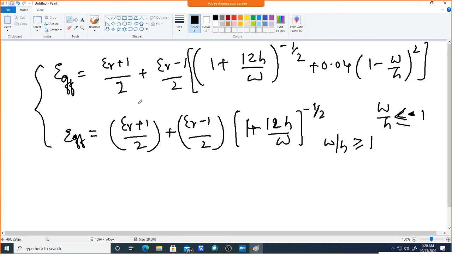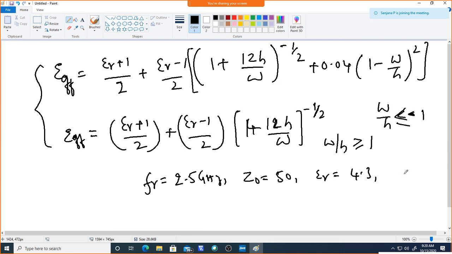Here fr is equal to 2.5 gigahertz, Z0 is equal to 50 ohm, epsilon r is equal to 4.3, and similarly we can use tan delta, which is equal to 0.025.